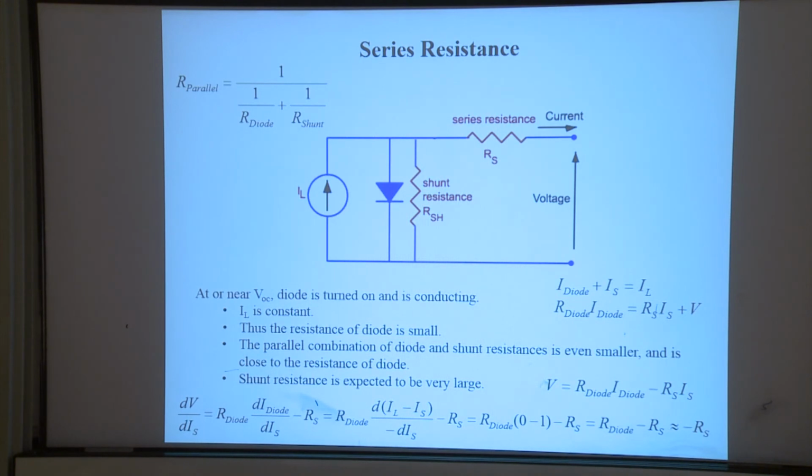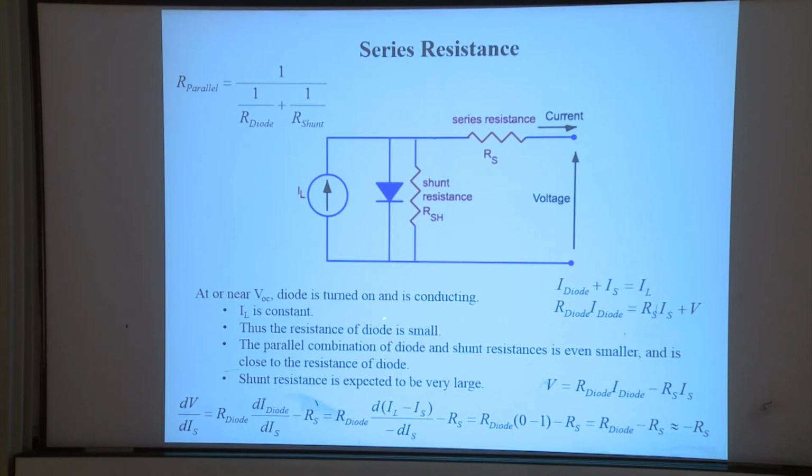Usually shunt resistance, unless you did very bad work in the solar cell processing, will always be much larger than the resistance of the diode. Since the diode is already turned on, the resistance should be very low.